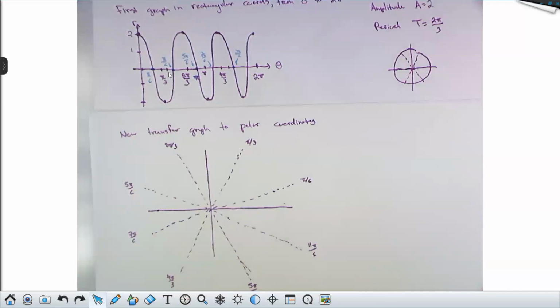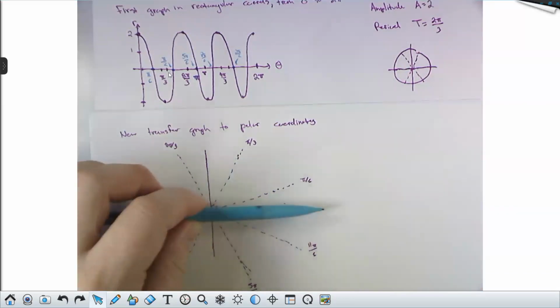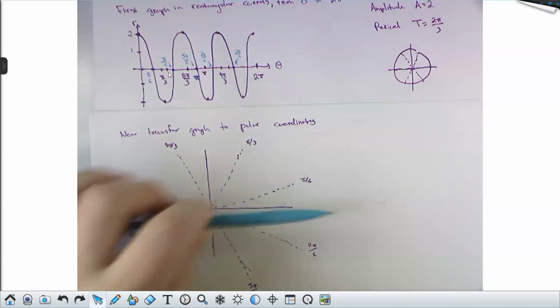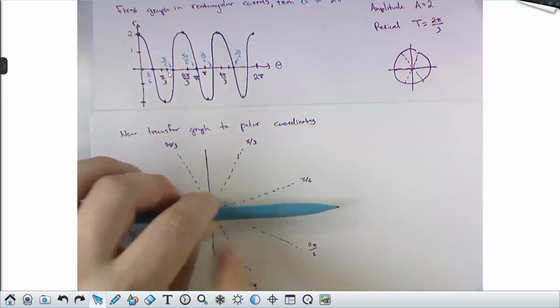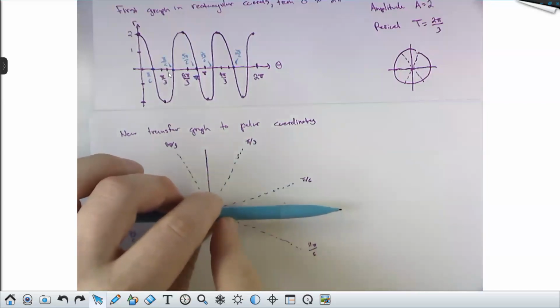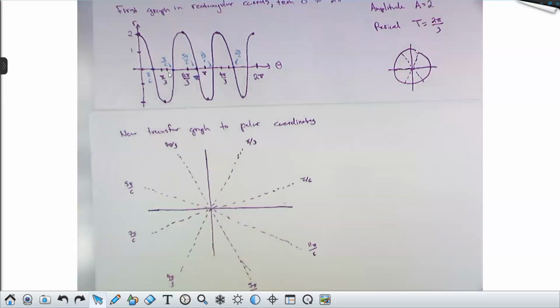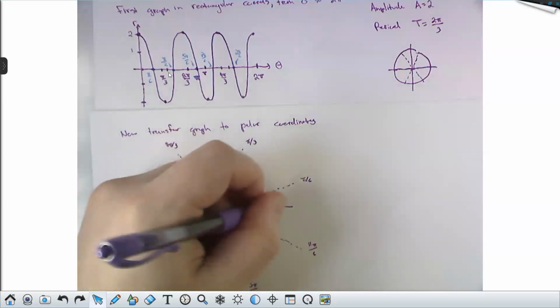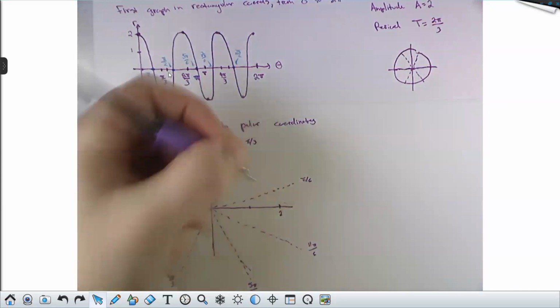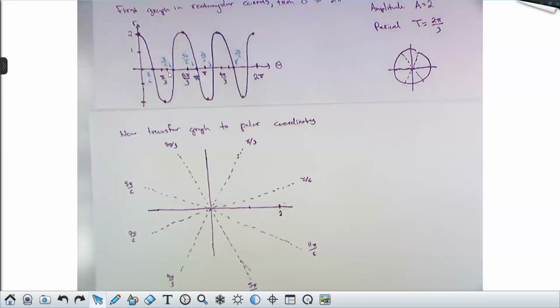And what I want you to imagine, pay attention here, is a little arm spinning around. And as it spins, there's a little dude running in and out on the arm. Let me mark this as 1 and 2 along my polar axis.